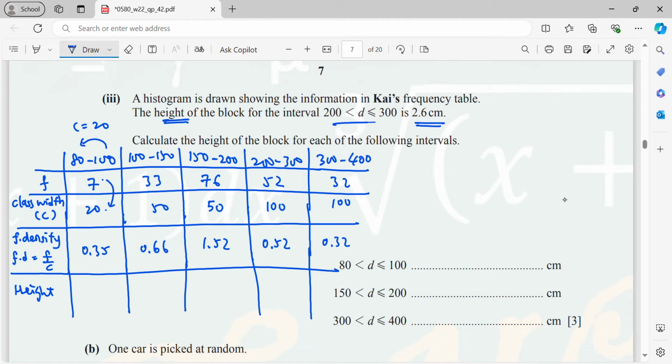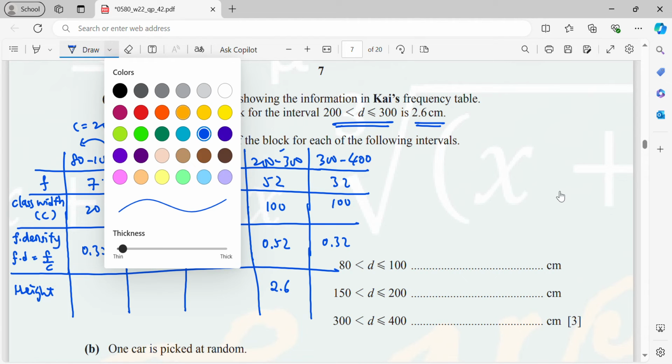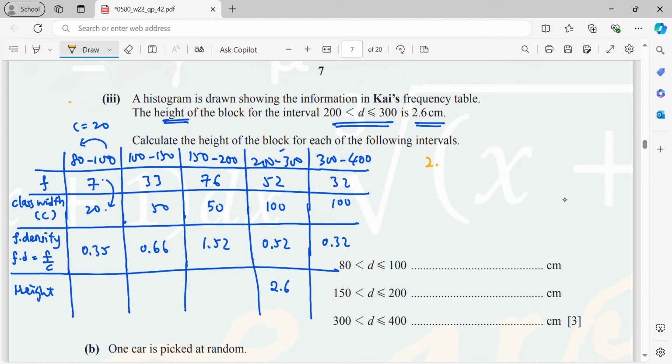And then it's mentioned that for this class, 200 to 300, the height is 2.6. So now you just calculate 2.6 divided by 0.52. That is going to be 5. That means to get the height 2.6 from 0.52 frequency density, I need to times 5.